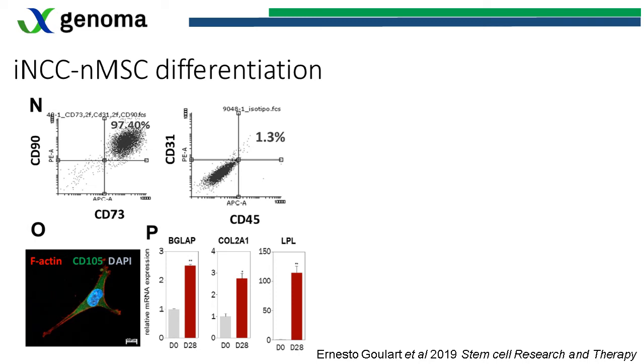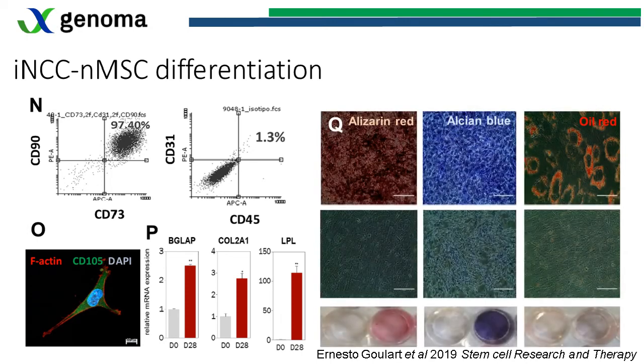On the bottom image, we can see the expression of another stromal marker, CD105, and we differentiate the mesenchymal cells towards osteoblasts, adipoblasts, and chondroblasts, showing that the mesenchymal cells have the ability to differentiate towards these stromal phenotypes, as they should, because they are multipotent stem cells.